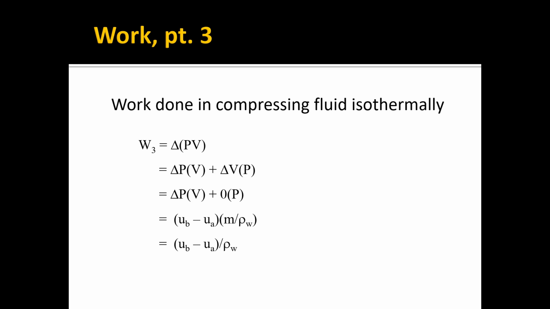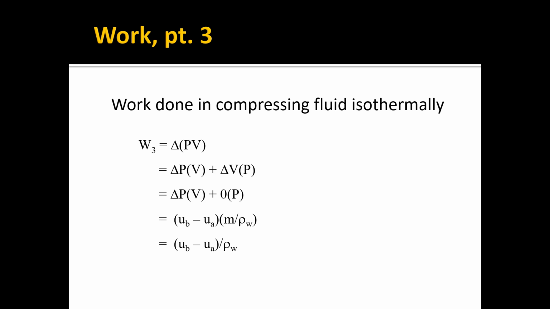As you may recall from physics, if the volume is changing due to pressure, and by the way, this is pressure changes. Why would the fluid compress? It would compress because from going to point A to point B, the pressure might change, all right? And so the work done would be the change in pressure times volume.